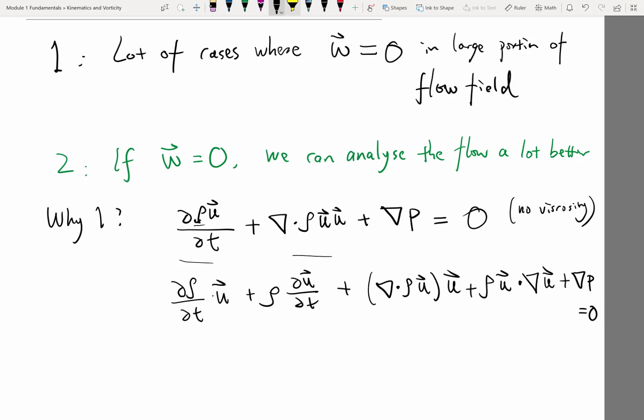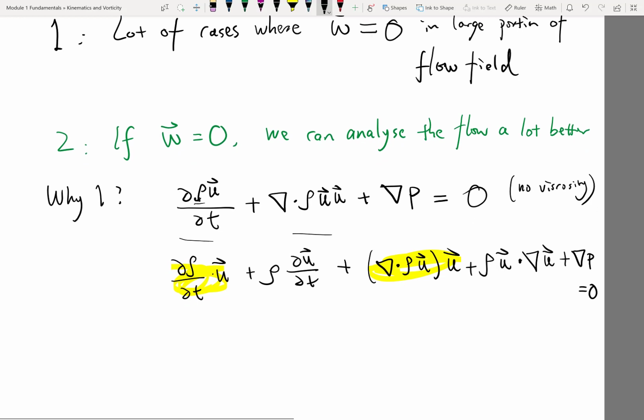If you're using conservation of mass, you're going to see this term plus this term is exactly 0. As a result, you're only left with these terms.